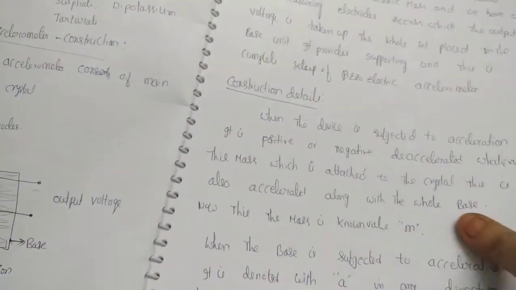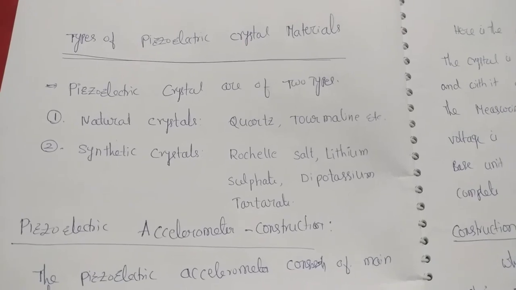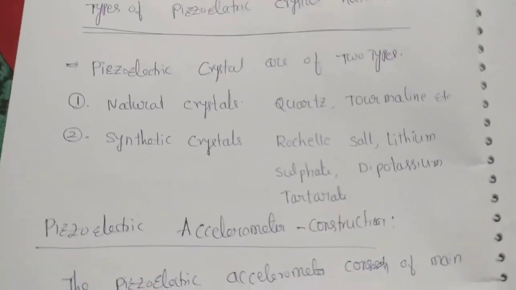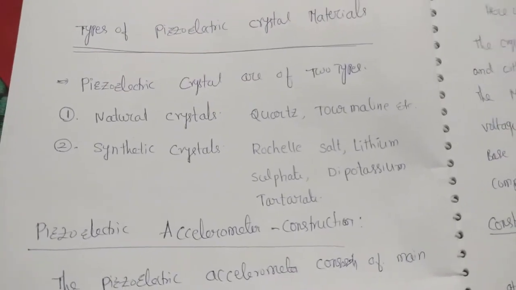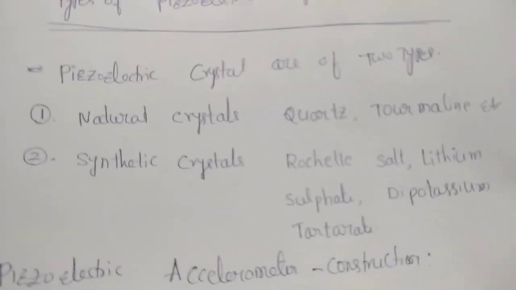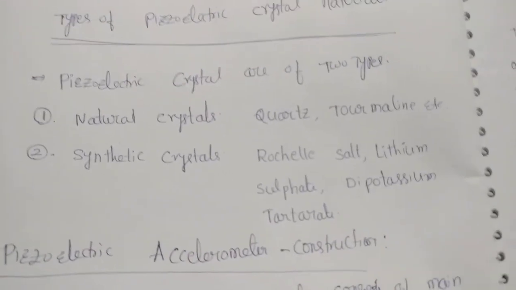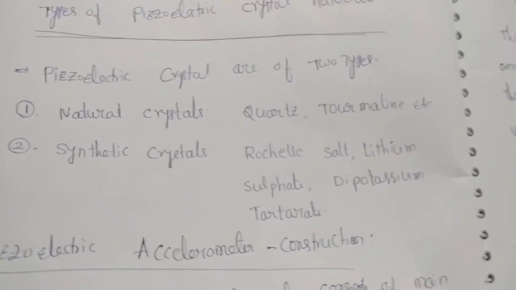Now let's see what types of piezoelectric crystal materials are normally used in designing piezoelectric accelerometers or transducers. The most commonly used piezoelectric crystals are of two types. One is natural crystals, examples being quartz and tourmaline.